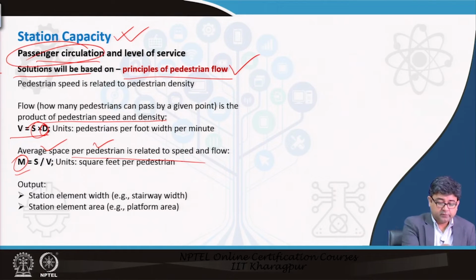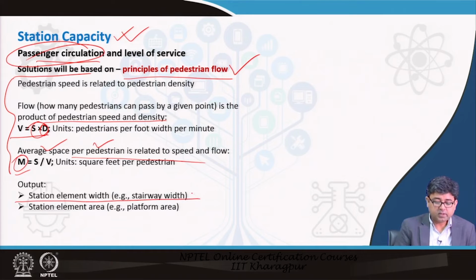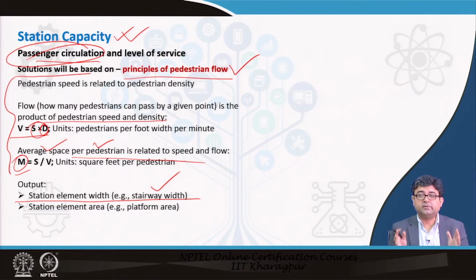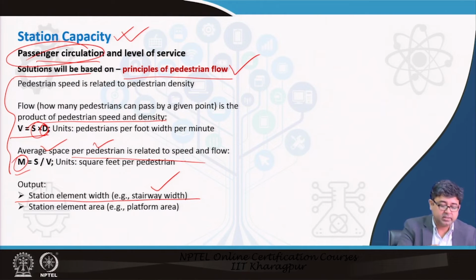So, the output, if you know all these, what you essentially want to know is station element width, for example, stairway width, one of the station elements. The width of the stairways will determine its capacity, and the capacity of the stairways will determine how passenger circulation is happening, and how passenger circulation is happening will be measured in terms of pedestrian flow.